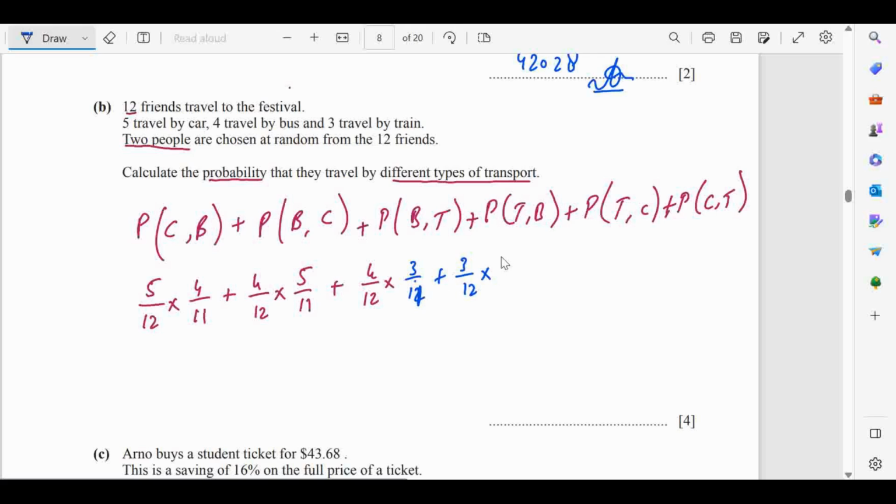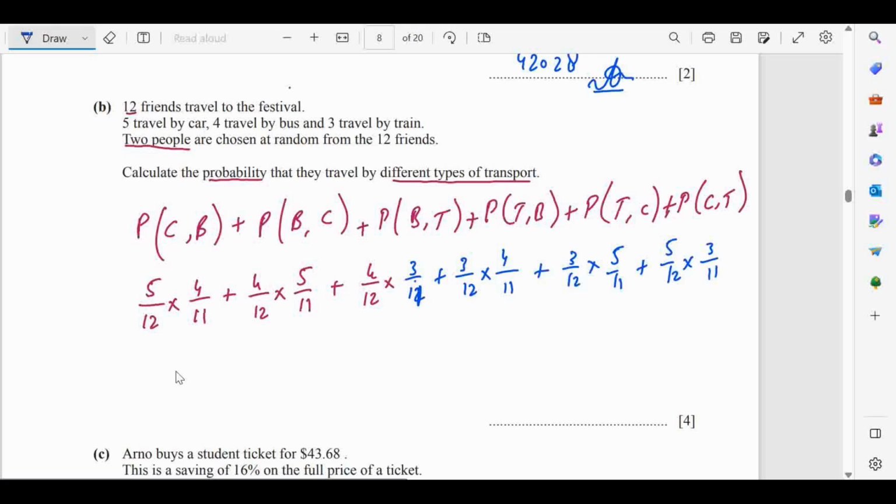Plus, now next one will be train and car. So train 3 by 12 multiply by 5 by 11 plus 5 by 12 multiply by 3 by 11.